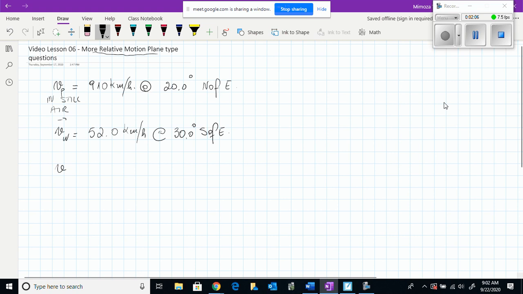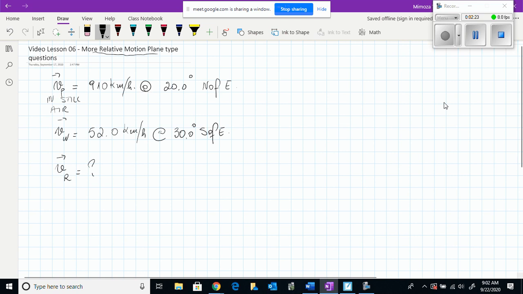What is the resultant velocity that someone on the surface of the earth observing this will see? What will an observer see?